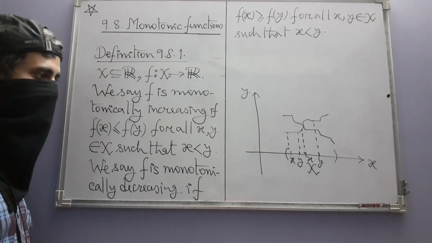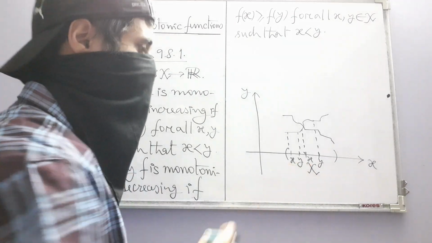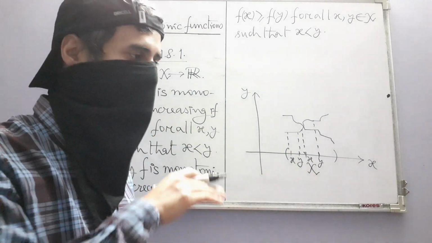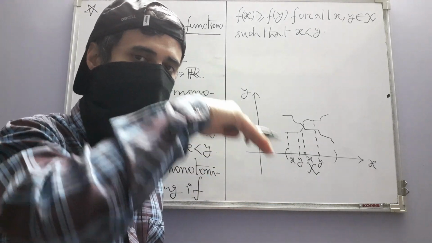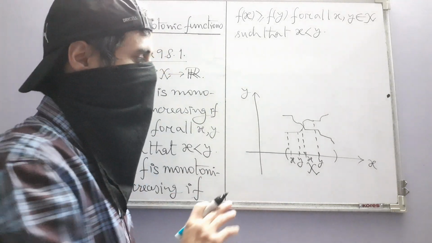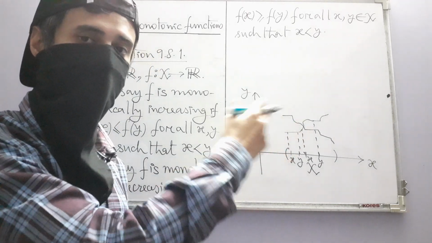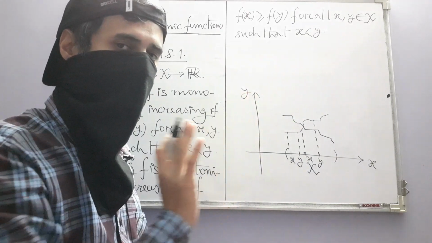Okay, as you again traverse along the domain from the left side to the right side, the graph goes like this. It may steadily go down also, that possibility is also there. We are going to talk about that next. Okay, the definition is not over yet.